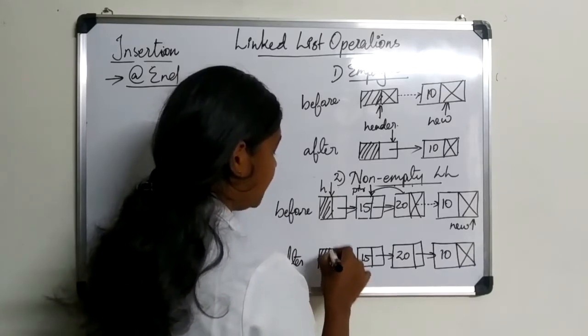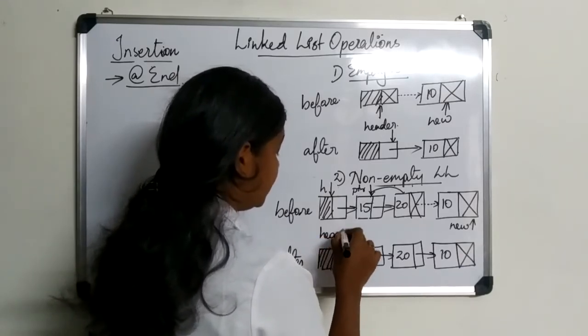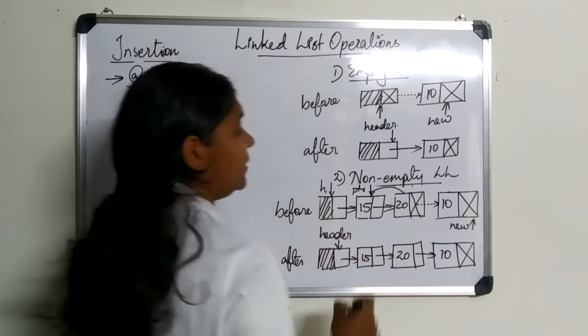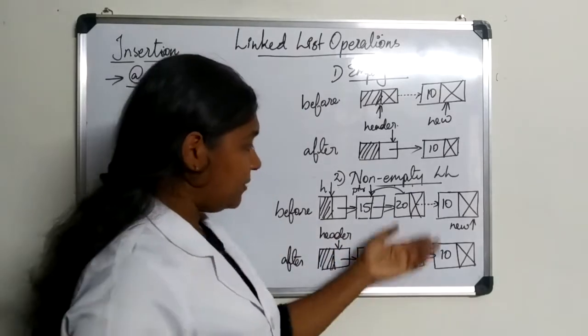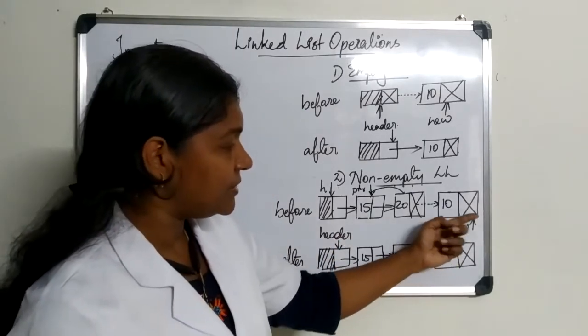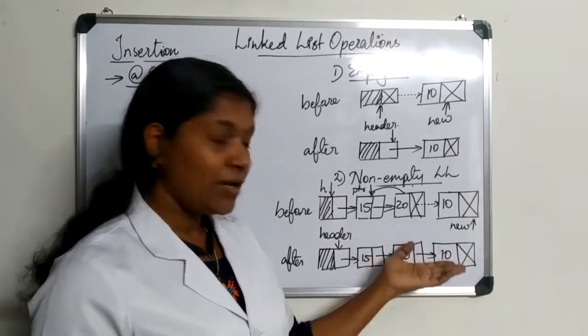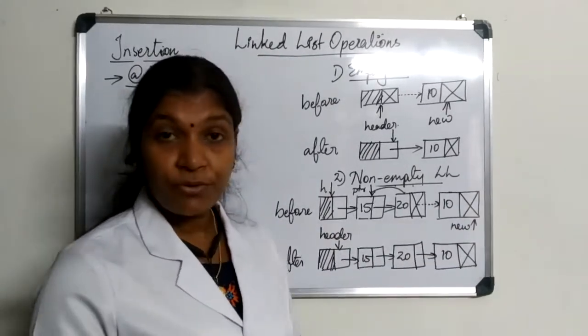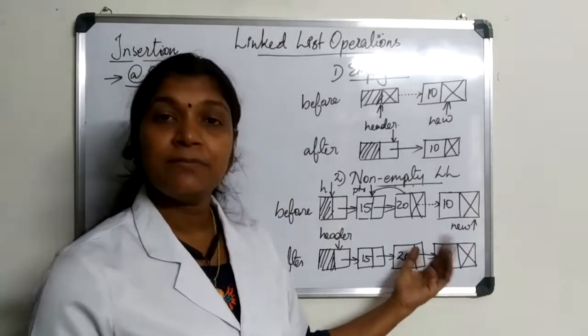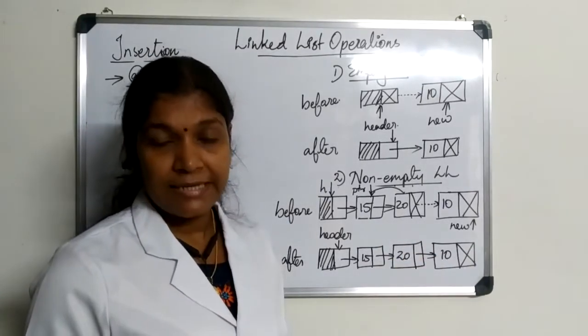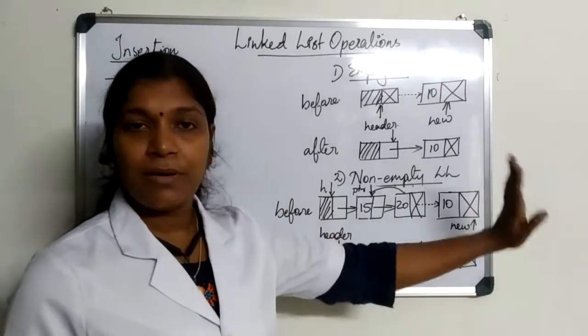You need not worry about it. So this is our header. When we draw the diagram after insertion, we need not specify the new node, because there is no more new node, because that node has become a part of the current linked list. So we can draw it as a single linked list.